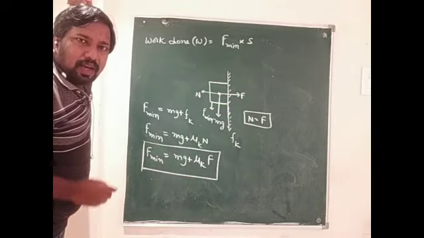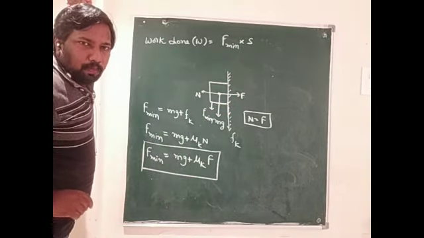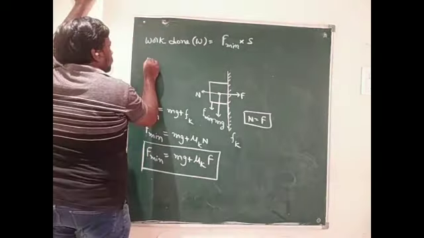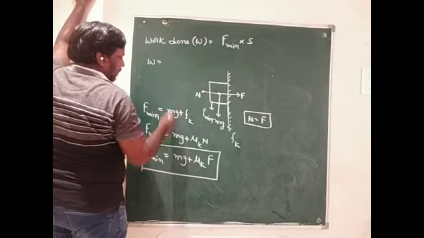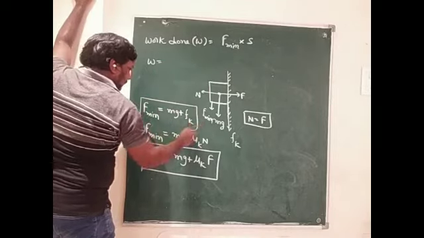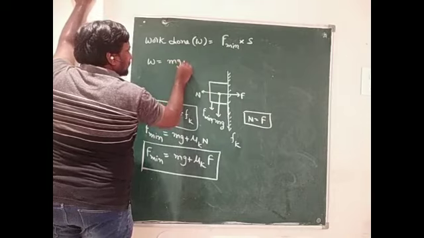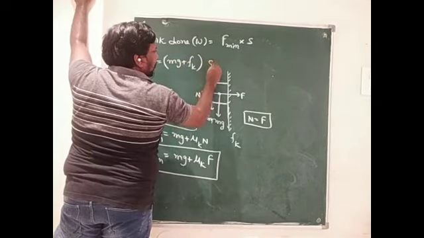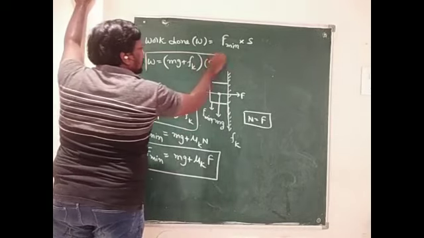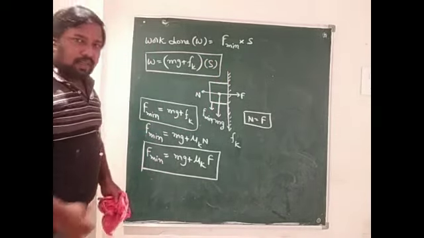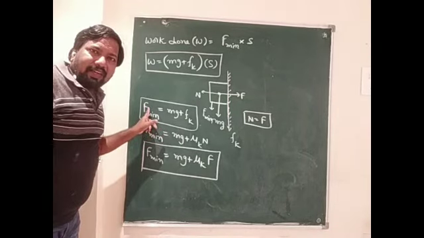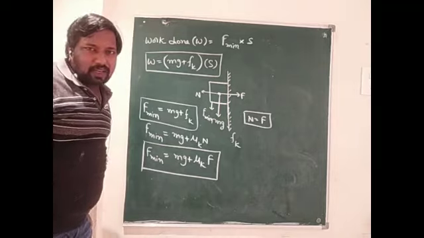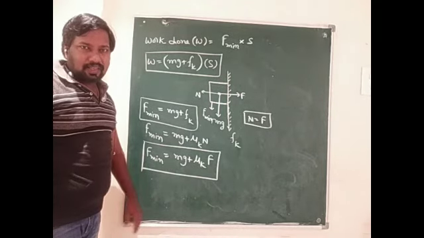Here S is the displacement covered by the block in contact with the vertical surface. So therefore W equal to F minimum, that is (mg plus mu k F) into S. So this is the work done by the minimum force acting on the block parallel to the vertical surface. So this is the case 3.